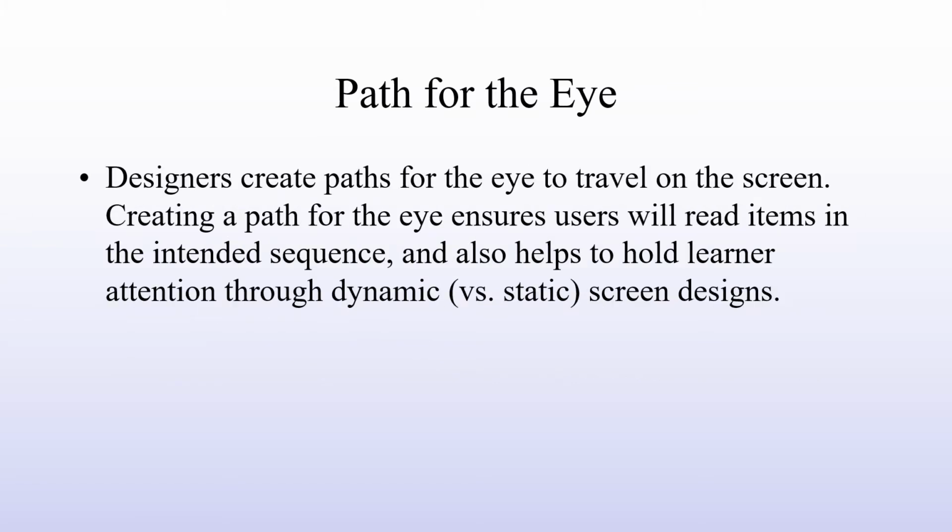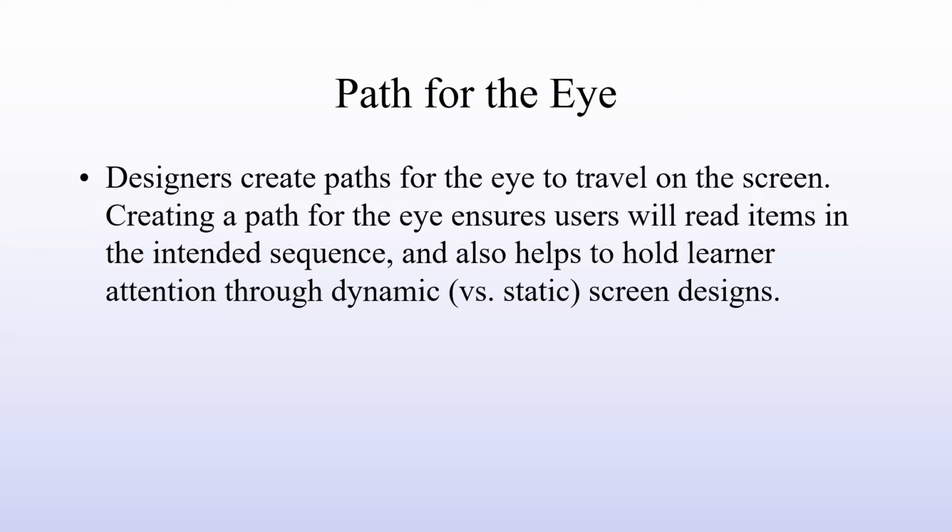As opposed to printing a book or printed material, designers of electronic screens create paths for two reasons. We want to make a definite place for the eye to travel in order to ensure that the users are going to read the information in the intended sequence, because we are instructing or training.